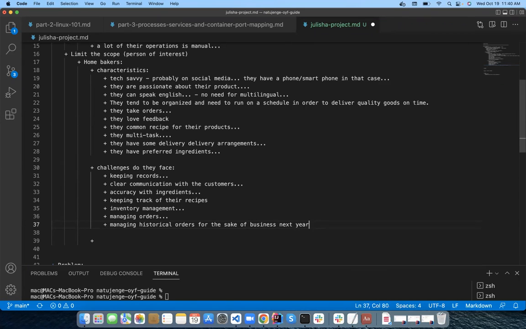So essentially, you have a guy whose birthday is 15th of July, 2022. You had an order, a birthday cake. And if you have a birthday cake, then next year, 2023, you need to be reminded of the customer X days before.